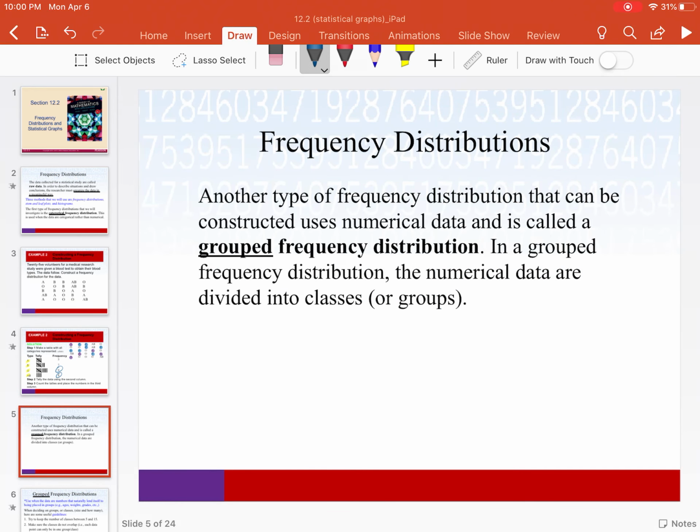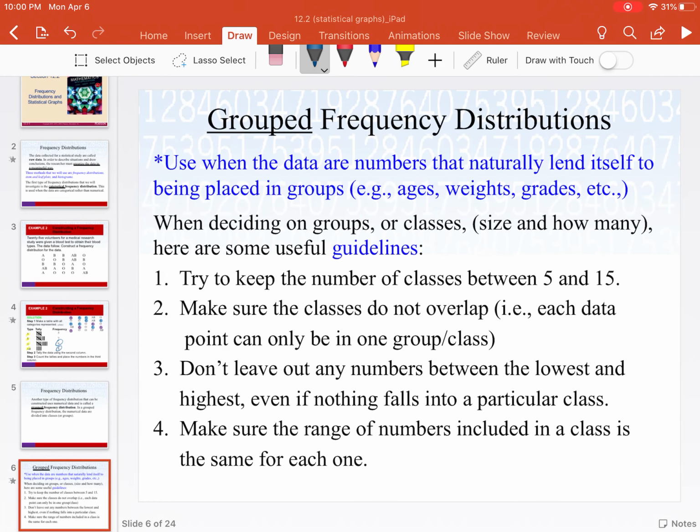Another common distribution is a grouped frequency distribution. Maybe you're not interested in individual data as much as groups of data. For example, grades, right? Grades, ages, weights, etc. Maybe you're doing some research on the weights of high school football players.